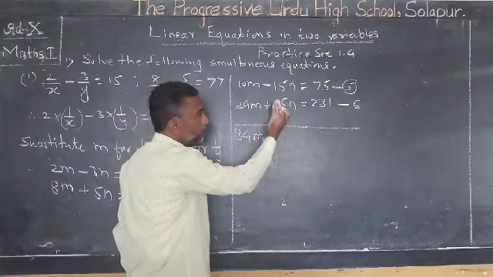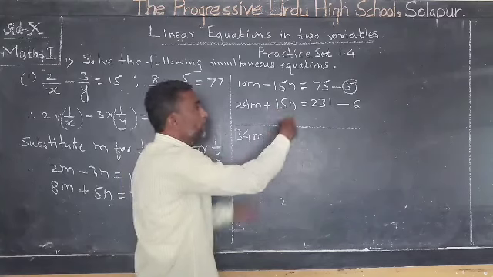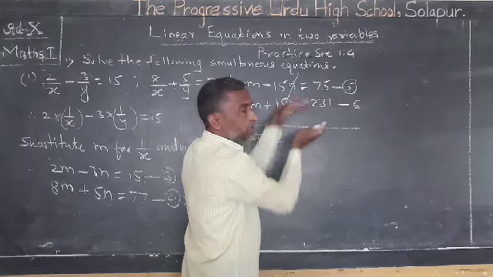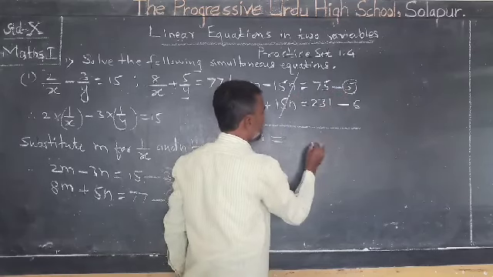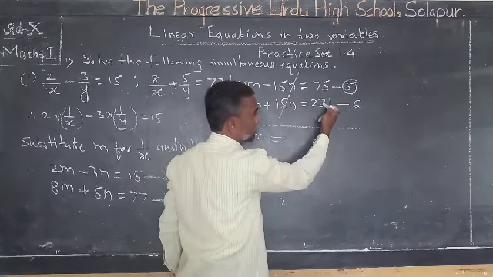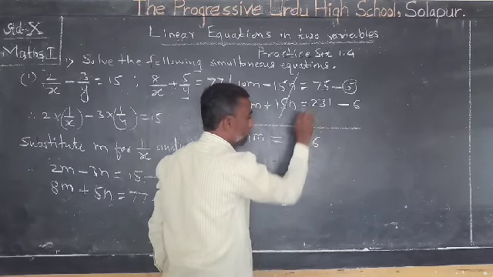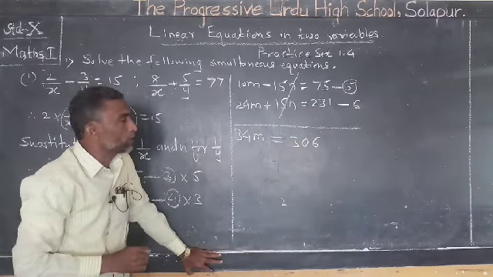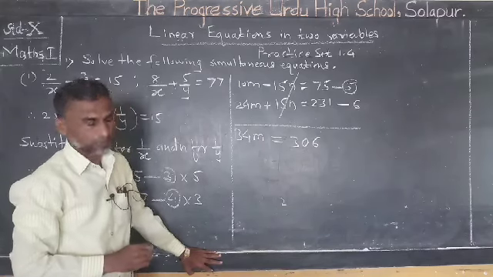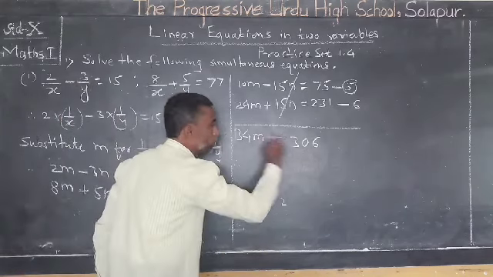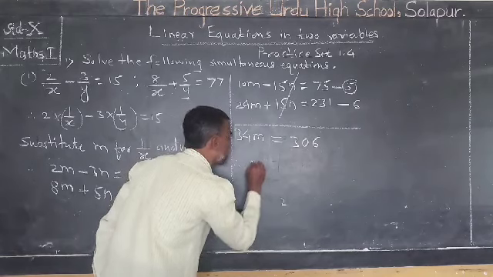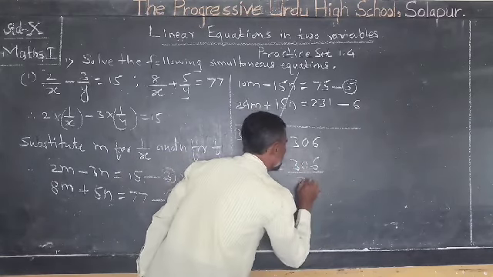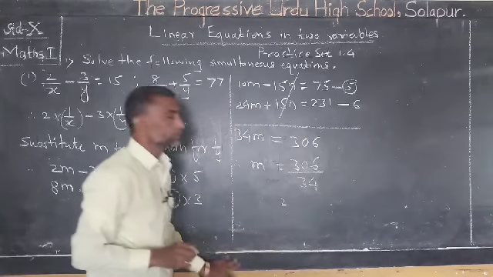Minus 15n plus 15n becomes 0, is equal to 75 plus 231, which is 306. So 34m is equal to 306. Therefore, dividing both sides by 34, m is equal to 306 upon 34.